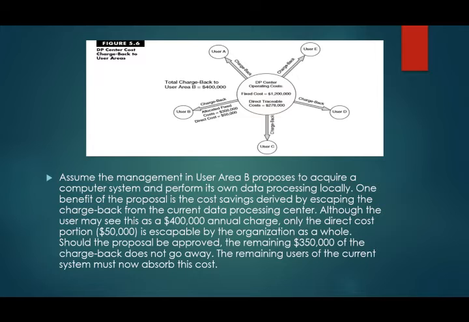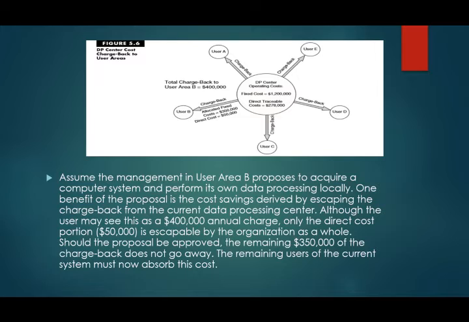Assume that the management in user area B proposes to acquire a computer system and perform its own data processing locally. One benefit of the proposal is the cost savings derived by escaping the chargeback from the current data processing center.